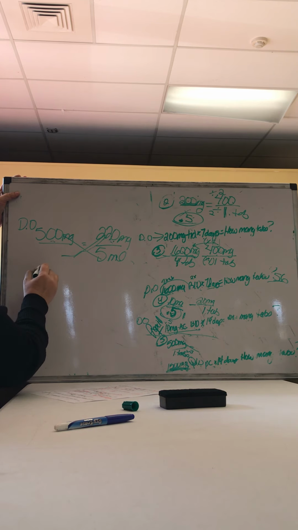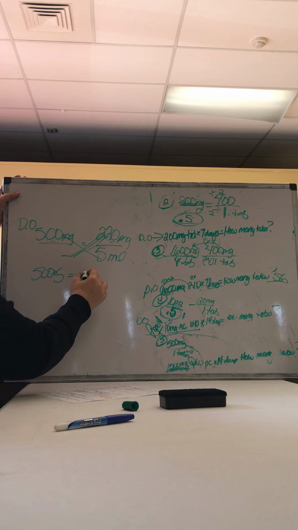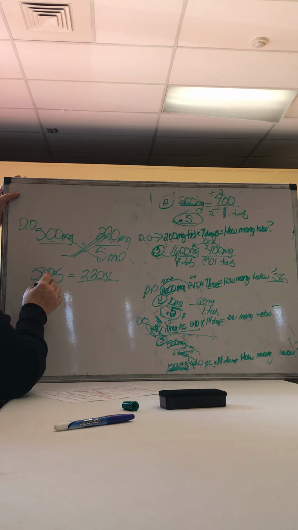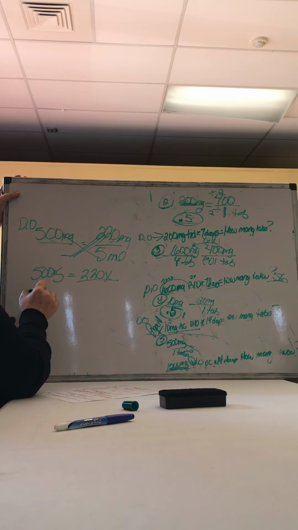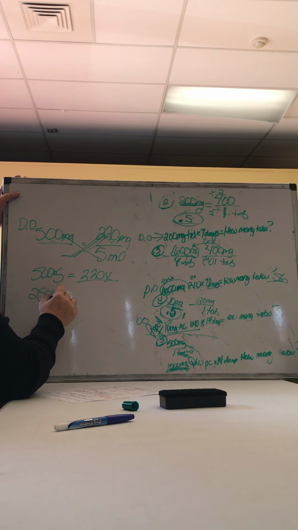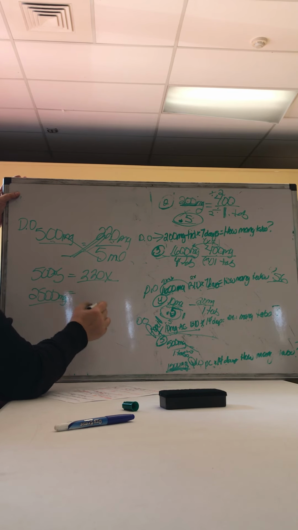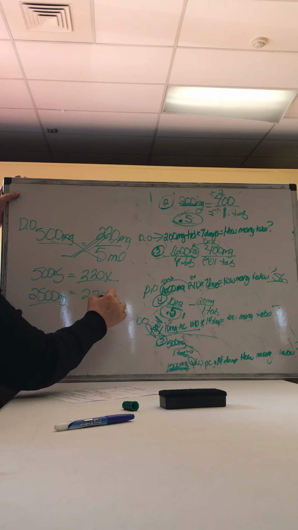So 500 times 5 equals 220x. We first want to figure out what 500 times 5 is: 2,500 milligrams, by 220. So then we divide by 220 on this side to get the X by itself.